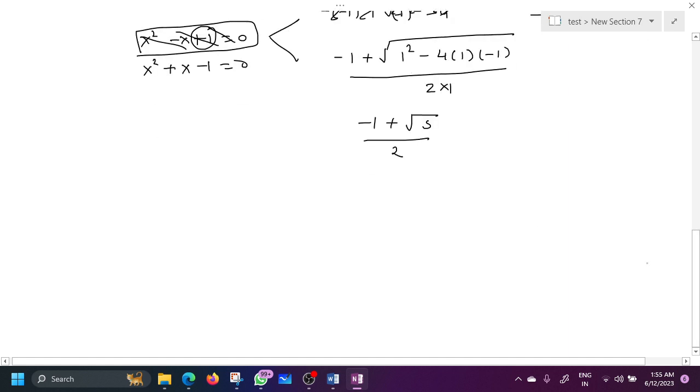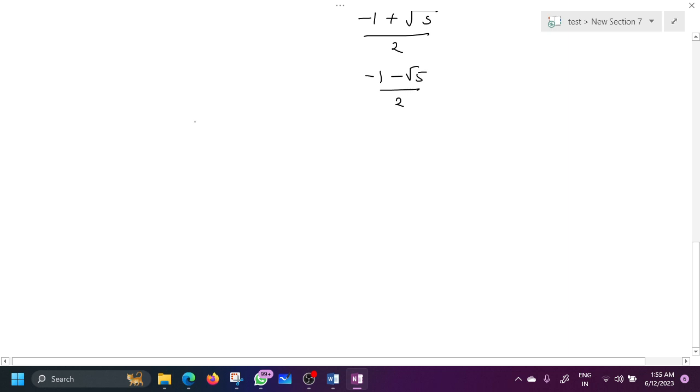The second value is very easy, which is minus 1 minus root 5 upon 2. So we have two values of x. Sorry for the mistake. One value of x is minus 1 plus root 5 upon 2, and second value of x is minus 1 minus root 5 upon 2.